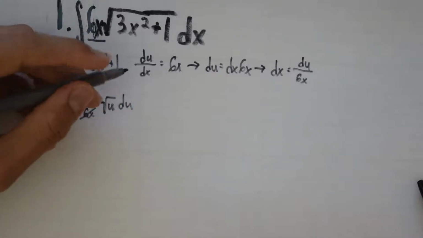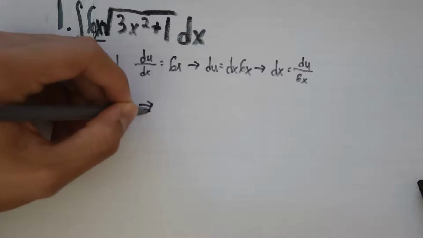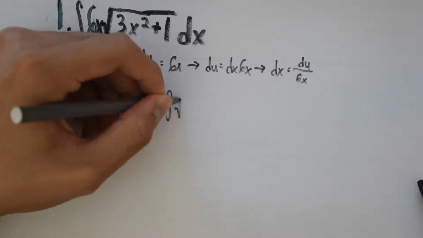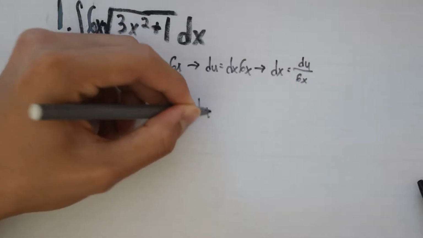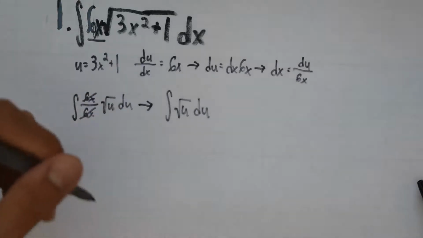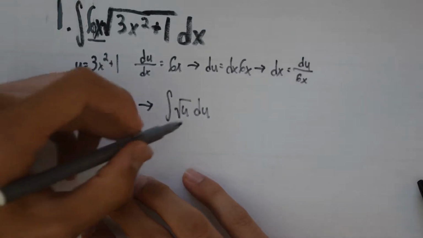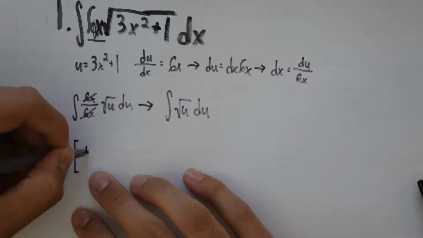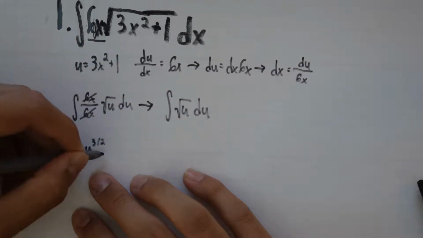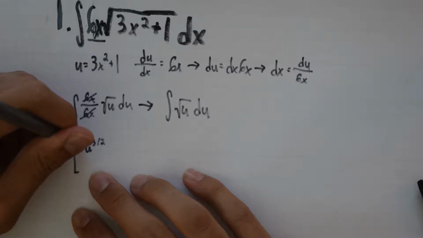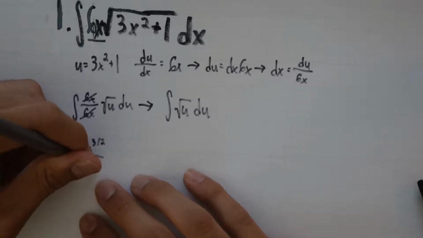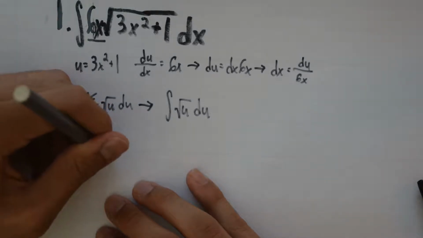These end up canceling each other out, so it turns into the integral of root u du, and this becomes extremely easy. The integral of u to the half is u to the 3 halves, times 2 over 3, and then plus c.